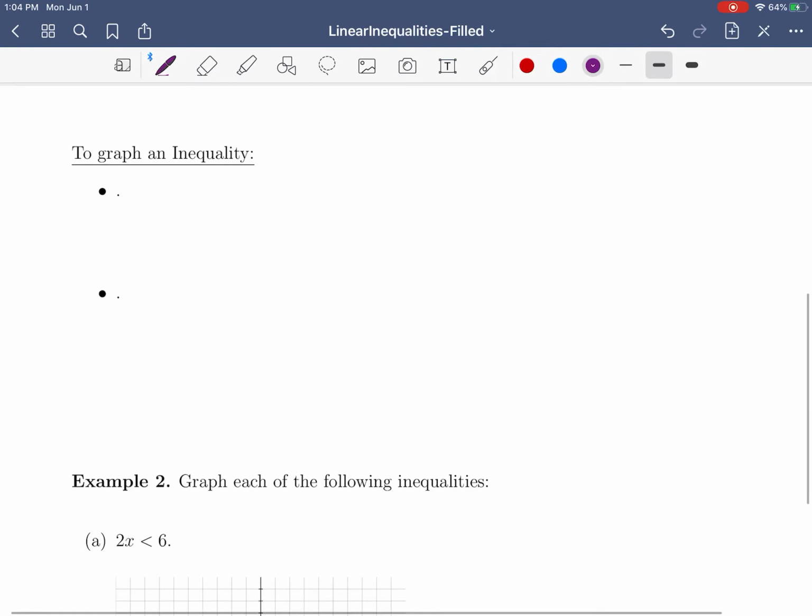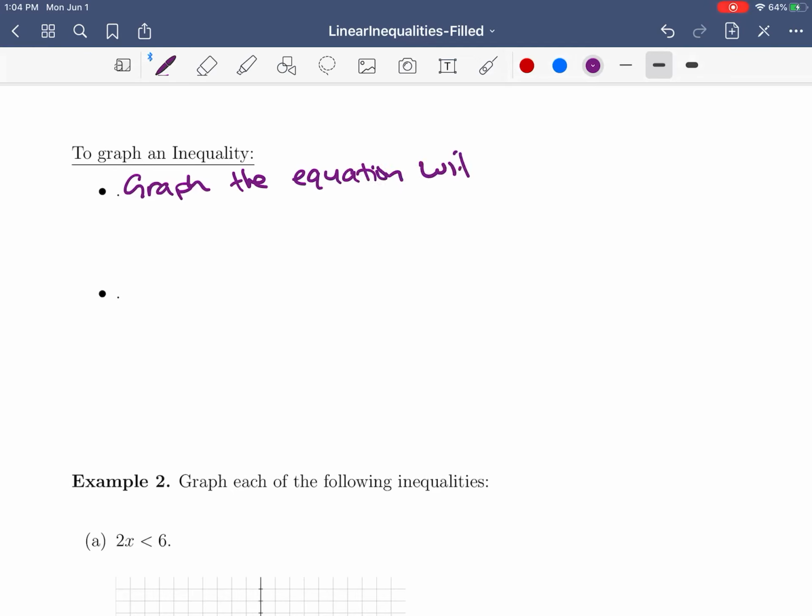So to graph an inequality, what you do is you graph the equation with an equality, i.e. graph the line, because we're only talking about linear inequalities, so it's going to be a line.